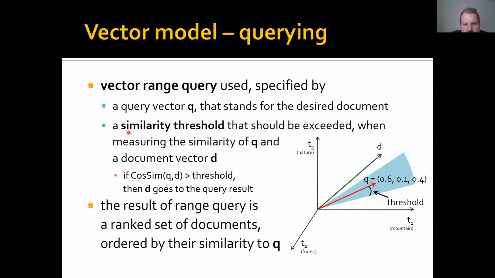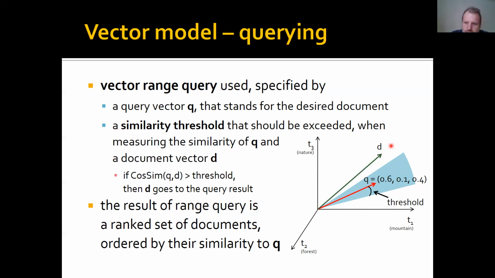And then we must also provide a similarity threshold that defines the extent of the query. So this is the query vector, and this angle basically is the threshold that defines how far from the query vector we are interested in documents. So every document that falls into this segment, the blue one, is an answer to the query. So these documents must be returned as an answer.